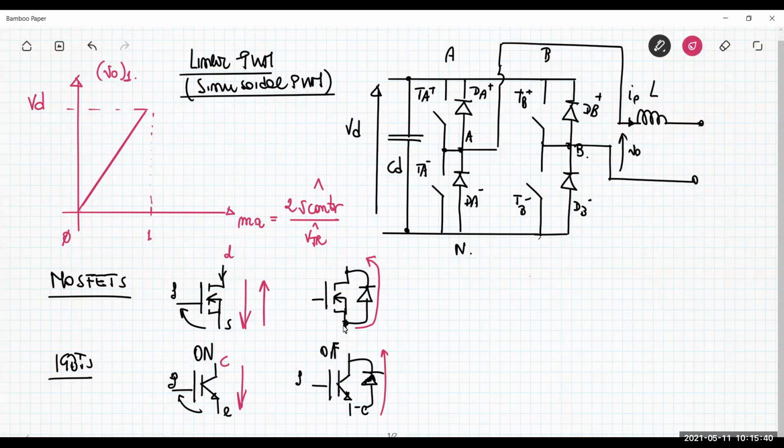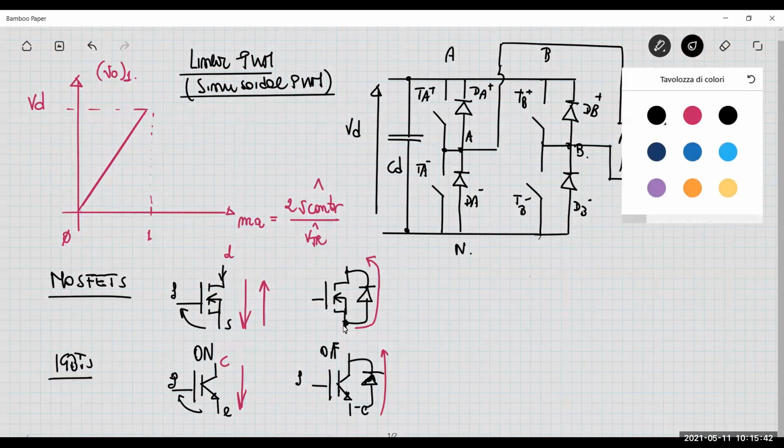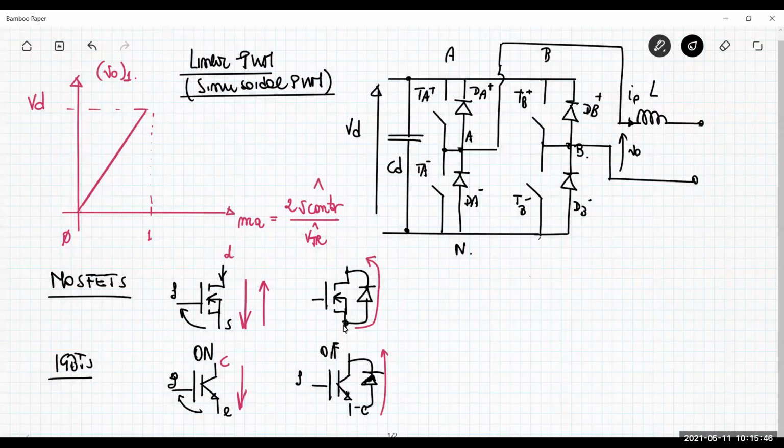So just to give you an example, we know that there is a possible configuration of the switch, for example, in which TA plus and TB minus are on.